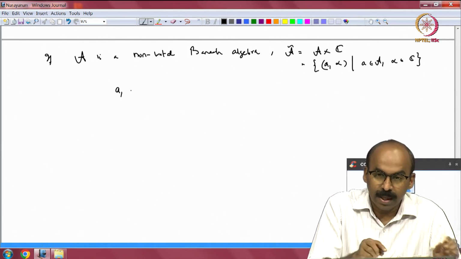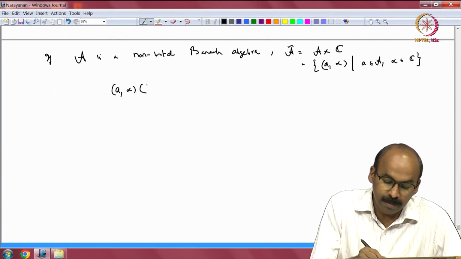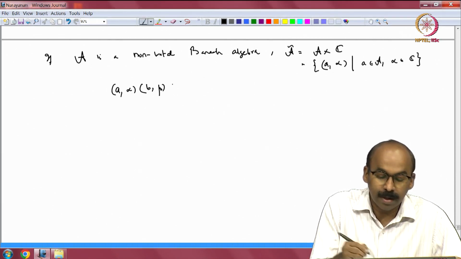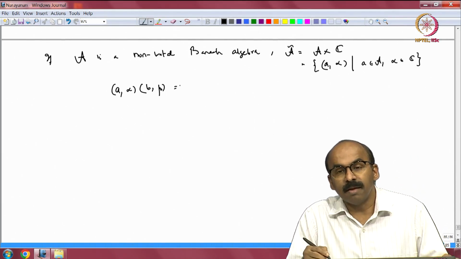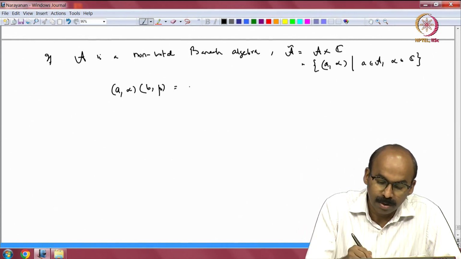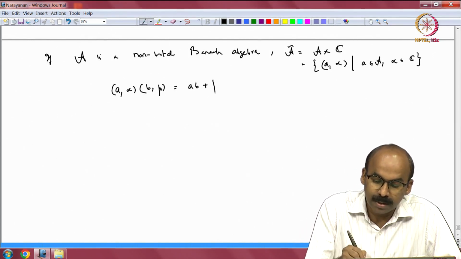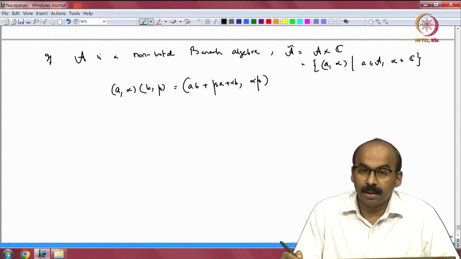If I take (a, alpha) times (b, beta), then the multiplication is defined by thinking of it as a plus alpha identity and b plus beta identity and then multiplying. So, you will have (ab plus beta a plus alpha b, alpha beta).